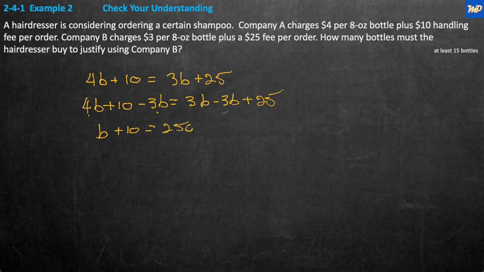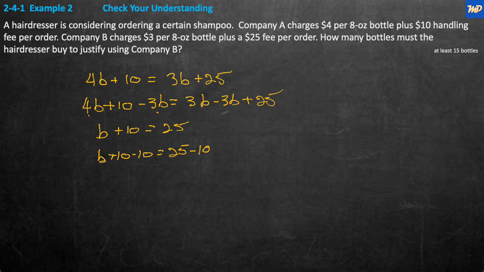Oops. I'm getting a little wild with my writing here. 25. So now I have to get the 10 away from the b, so the b's by itself. If I do that, I'm going to have b plus 10 minus 10 is equal to 25 minus 10.